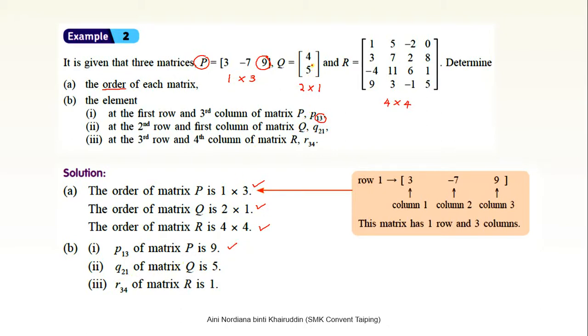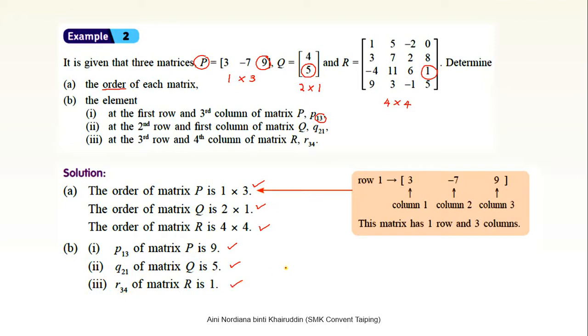So this is the element 2, 1, second row, first column. And for number 3, the third row and 4th column. So this is the element R34.